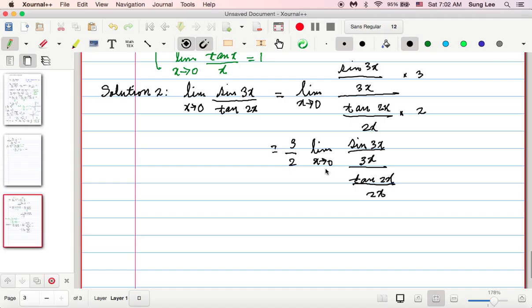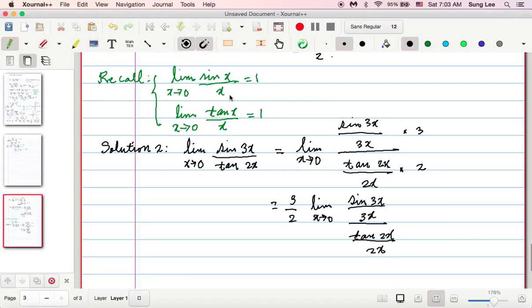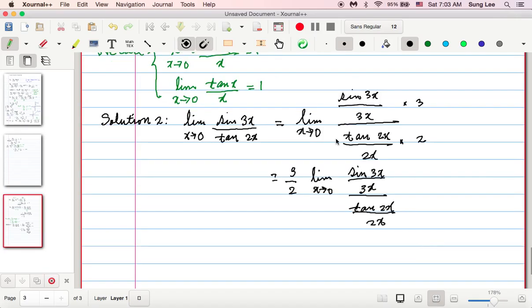And then when x goes to 0, the numerator goes to 1, the denominator goes to 1 also, using these two limits. Okay, so overall, this equals 3 over 2. Okay, that's not bad.